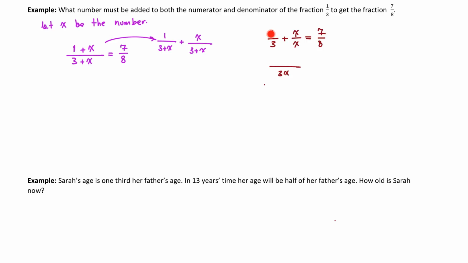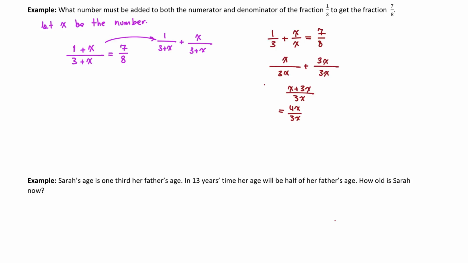So 1 times x gives me x, plus the 3 over x: the denominator is multiplied by 3, so the numerator also has to be multiplied by 3, so it becomes 3x. So I get x plus 3x over 3x, which actually simplifies to 4x over 3x. So these two are in no way equivalent.